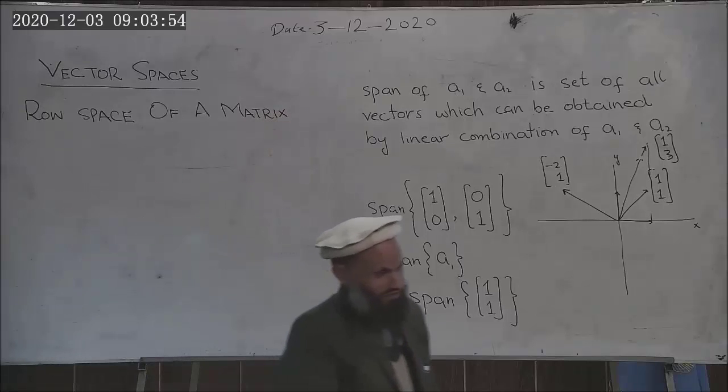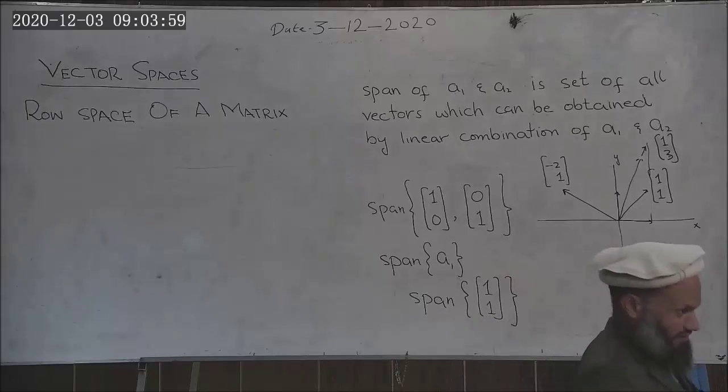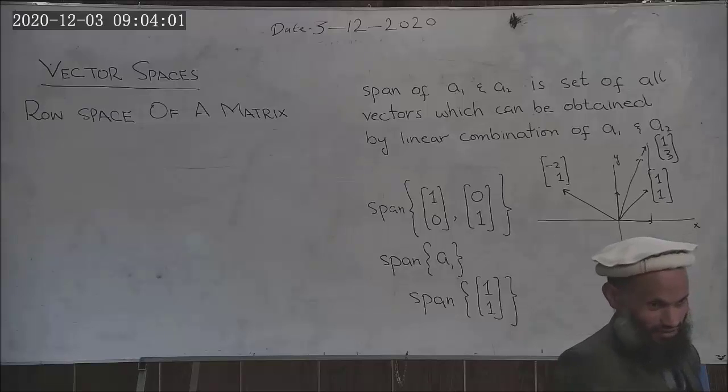Rows of a matrix are row vectors, right? Row vectors span some space.